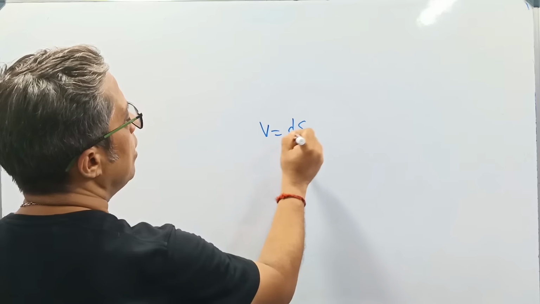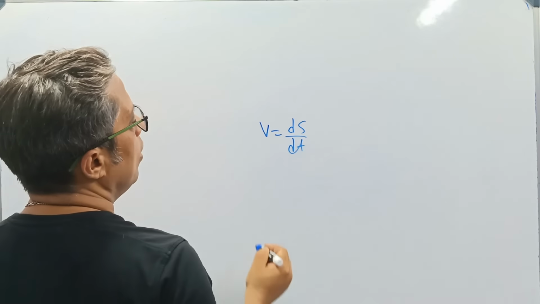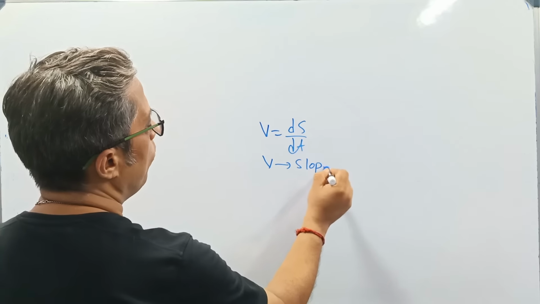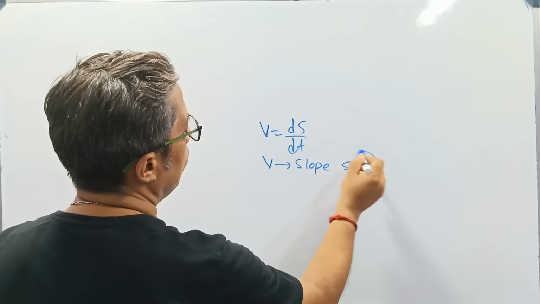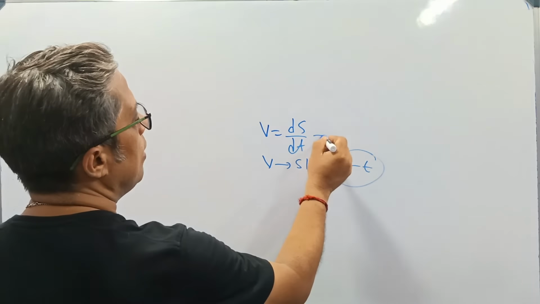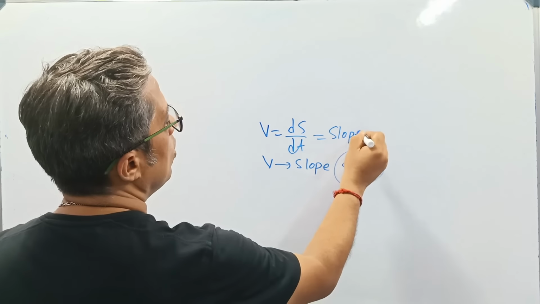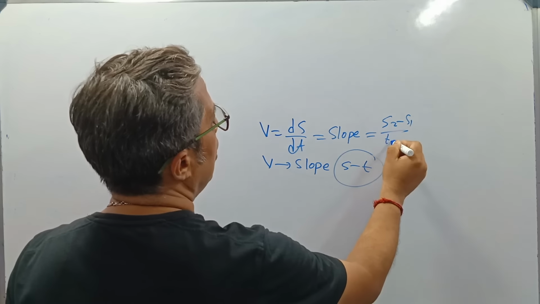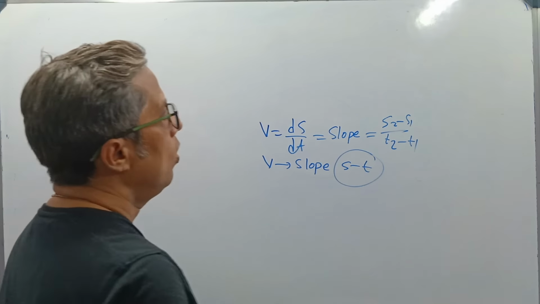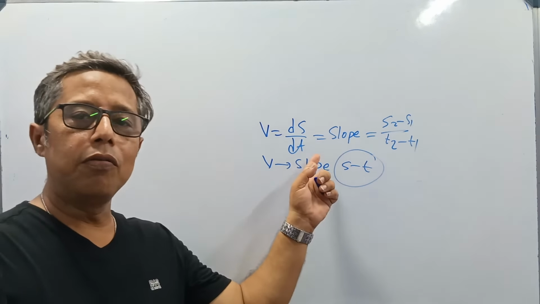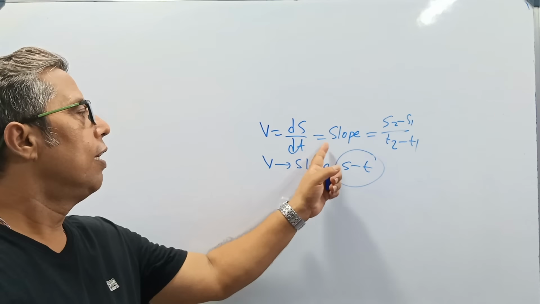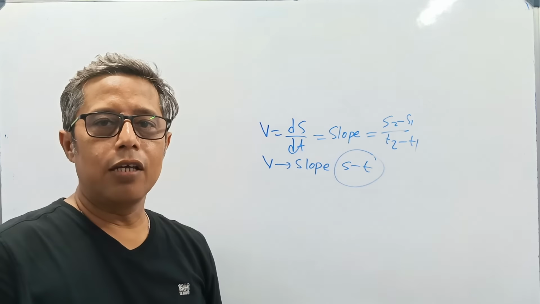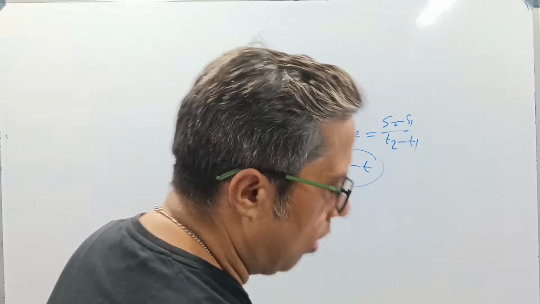Velocity means ds/dt, and we say velocity is the slope of the s-t graph. We can write it as s2 minus s1 by t2 minus t1. So slope is equivalent to ds/dt for velocity, which is equivalent to change in displacement by change in time. They are all equal, so you can go in any way.